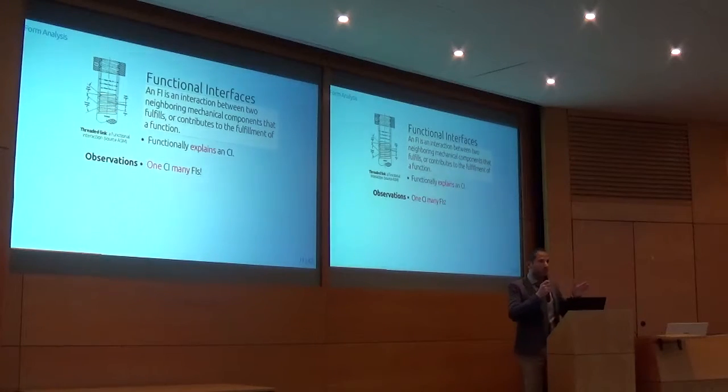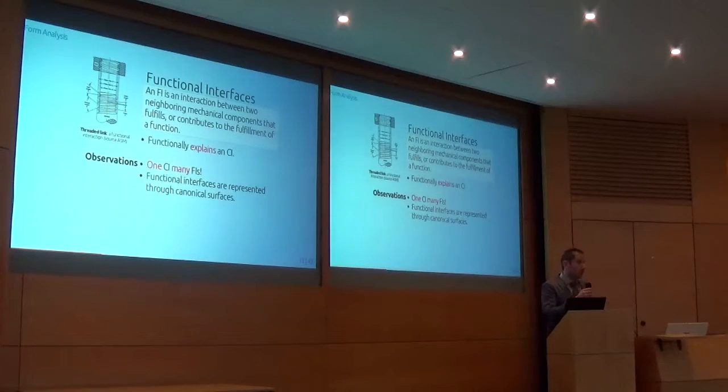This is a direct result of the indeterministic relationship between shape and function in the DMU. Now, if we refer to geometric surfaces at both sides of a functional interface as functional surfaces, we also observe that in a DMU, functional surfaces are, in the vast majority of industrial practices, canonical surfaces, that is, planes, tori, cylinders, spheres, and cones.